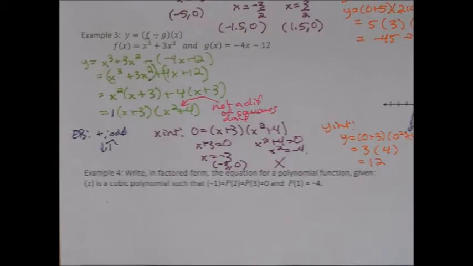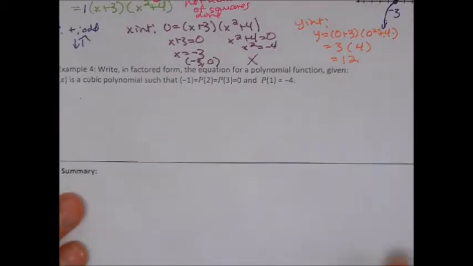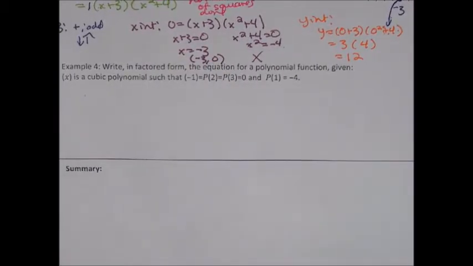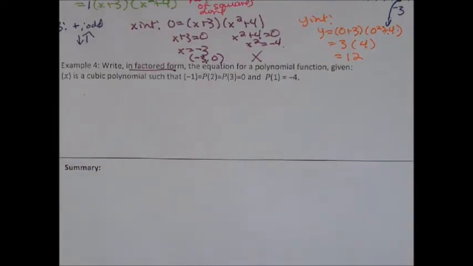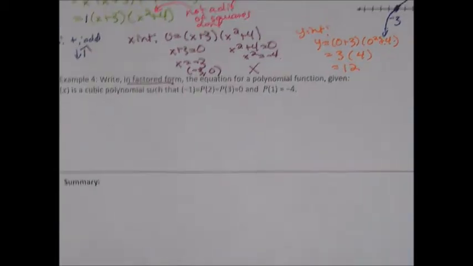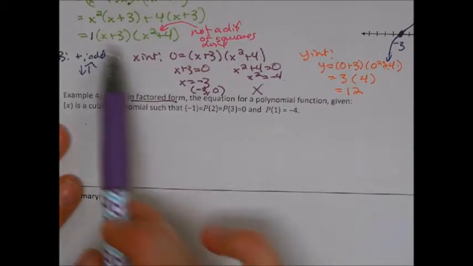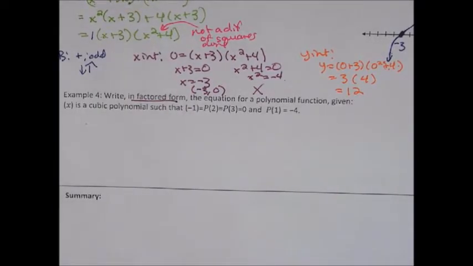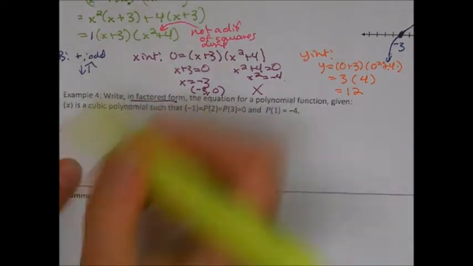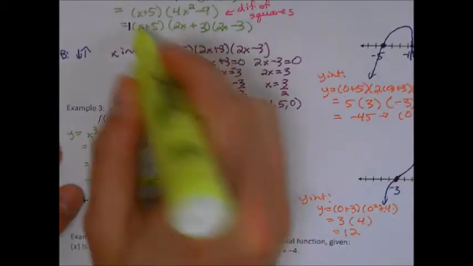Let's go ahead and look at number 4. Example 4. Write in factored form. What does that mean? Well, in factored form, we're going to look like our bottom format here. Let's highlight all of our factored forms. This is factored form.